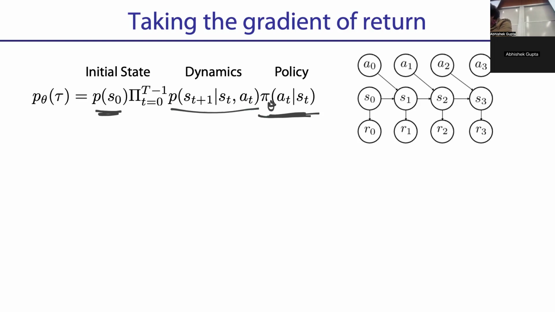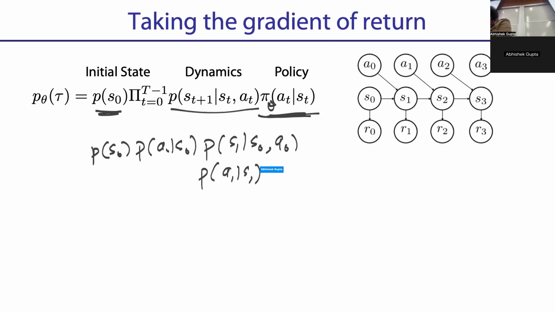So you can write it as, the product notation is a little confusing, p of S0 times p of A0 given S0 times p of S1 given S0, A0 times p of A1 given S1 times p of S2 given S1, A1 and so on. So you can write it as a product of the initial state likelihood p of S0 times the likelihood of sampling an action A0 given S0 times the likelihood of transitioning.